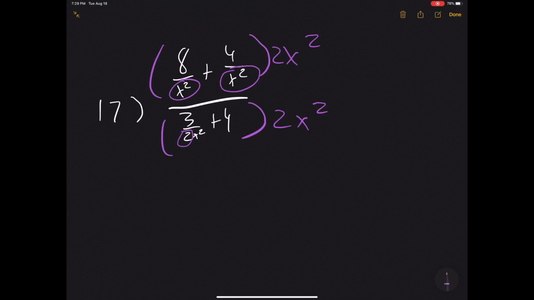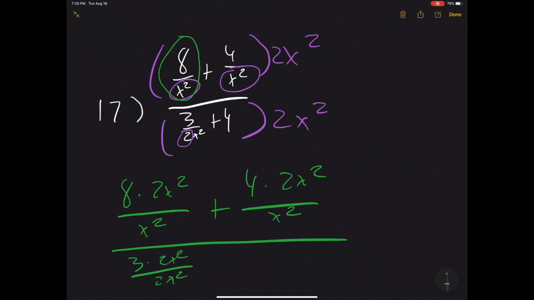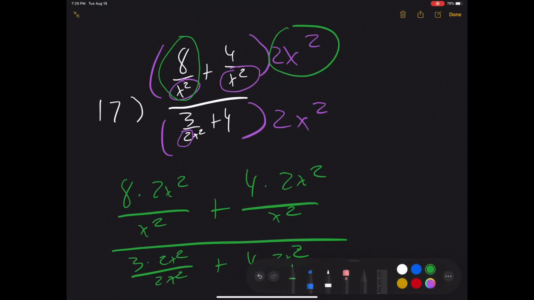And we see that with our first term, 8 over x squared times 2x squared, let's write it all out. This is 8 times 2x squared over x squared plus 4 times 2x squared over x squared, all over 3 times 2x squared over 2x squared plus 4 times 2x squared. All I did here is I multiplied these 2x squareds in, and now I can cross things off.